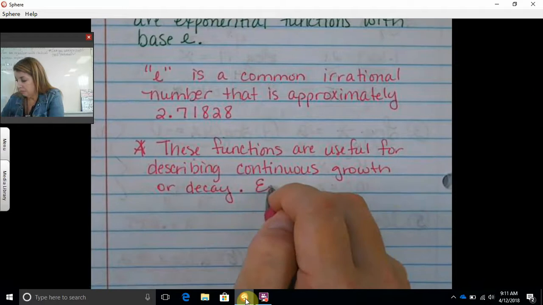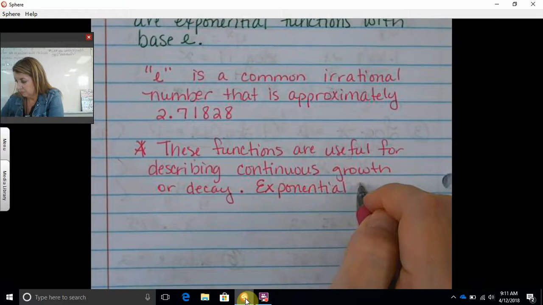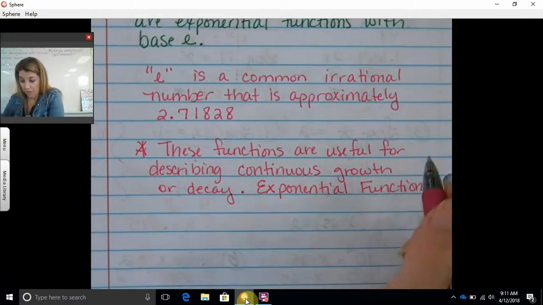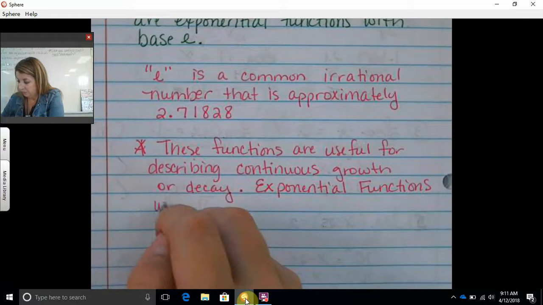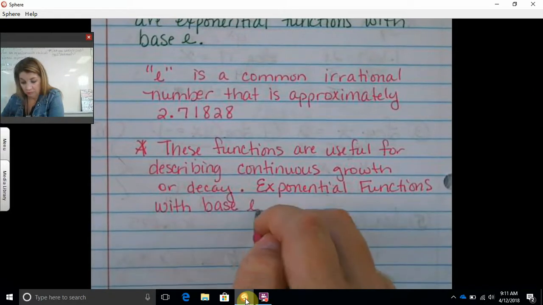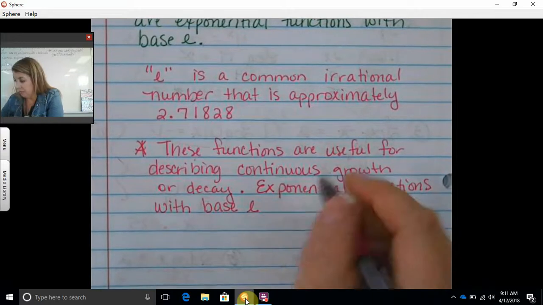Exponential functions with base e have the same properties as other exponential functions.